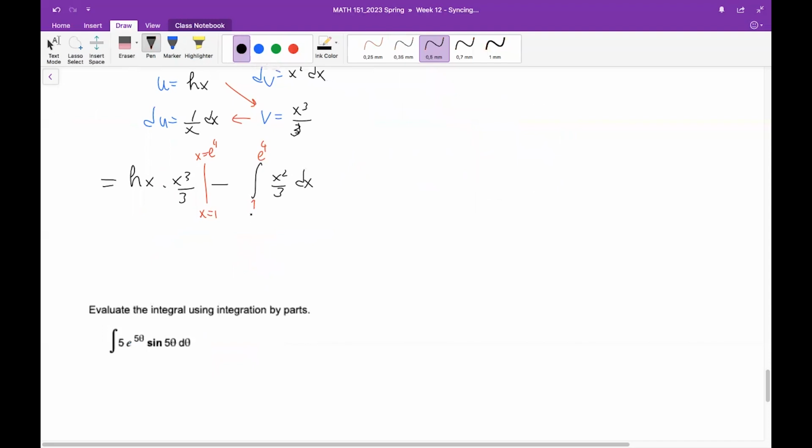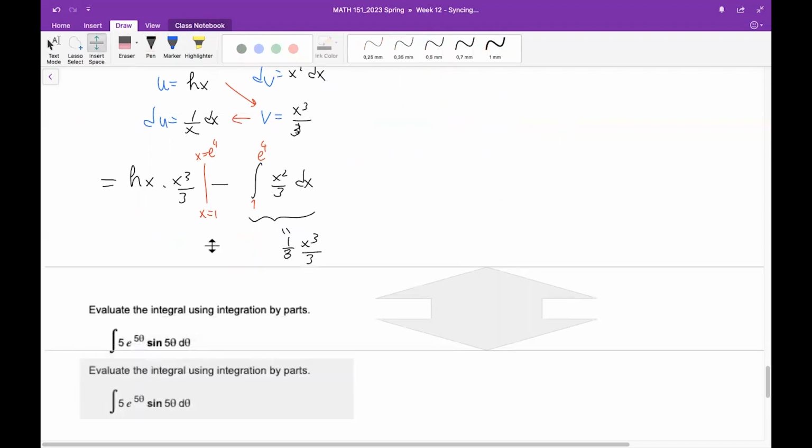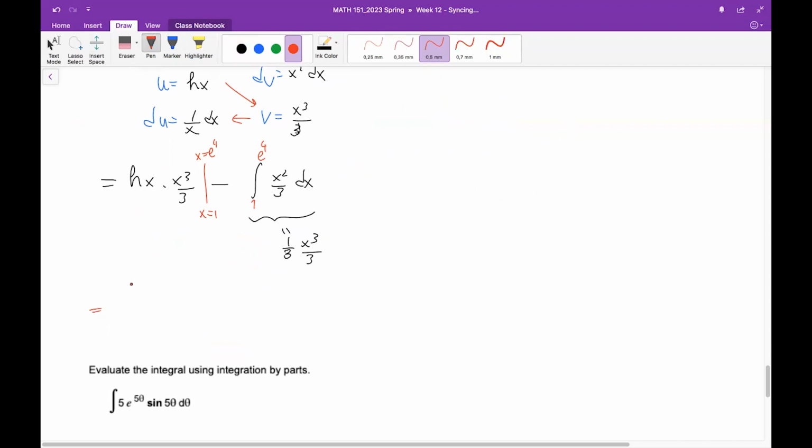And this integral is just a simple integral. It is 1 over 3 times x cubed over 3, right? You add 1 to the power, divide by the same power. Okay, then the final line will come from evaluating the boundaries.